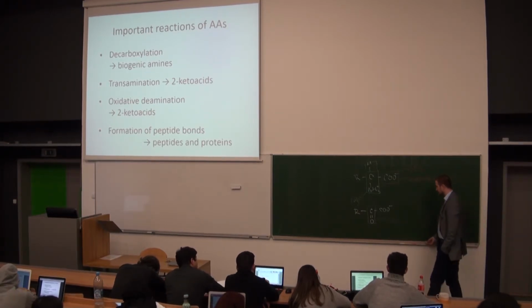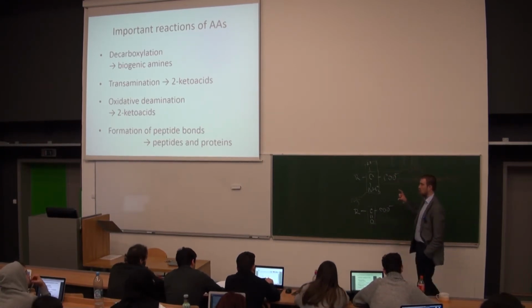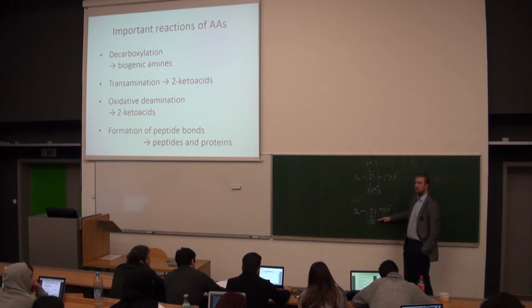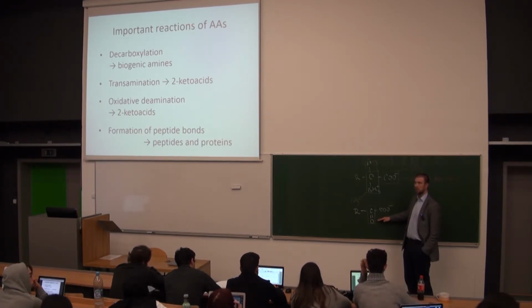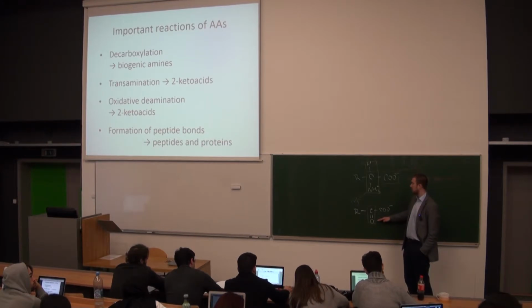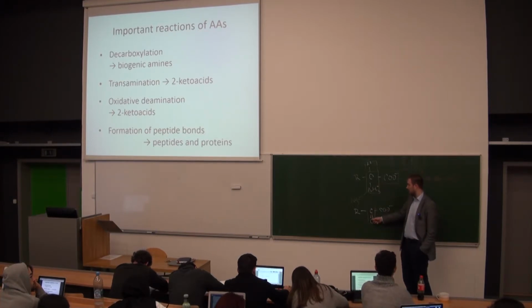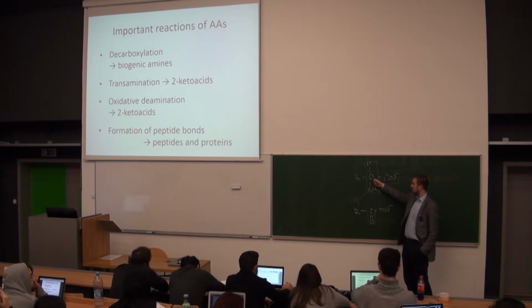And the third possibility is that you take a pair of an amino acid and an alpha keto acid, and you let them exchange their functional groups. That means that at the beginning you have the amino group on the amino acid, and after the transamination reaction you will have the amino group on the second acid, and the alpha keto group will be given to the amino acid.